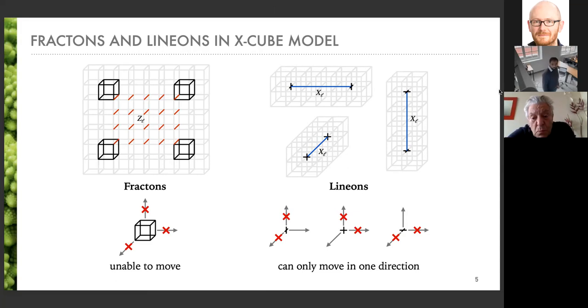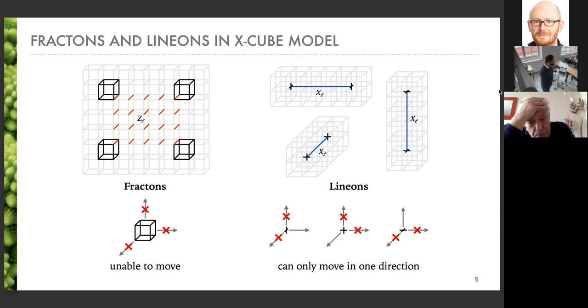For instance, if you were to apply a bunch of X operators in the X direction, then it will create 2 excitations at the ends of this string operator. These are called lineons because once you create such an excitation, for instance this one here, the only way that this excitation can move is by applying another X operator here, which will move it to the next point, and similarly back and forth.